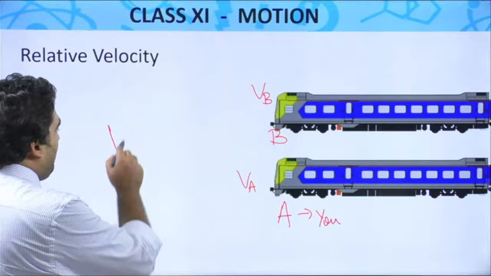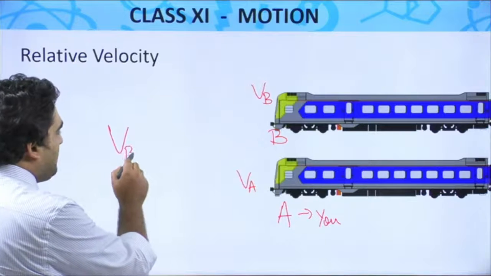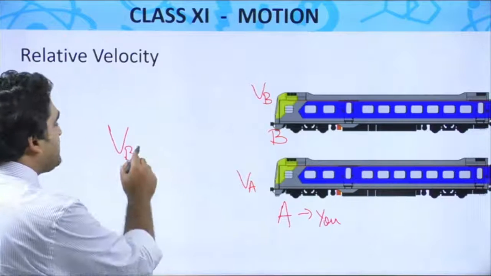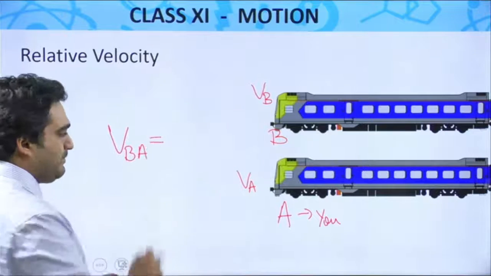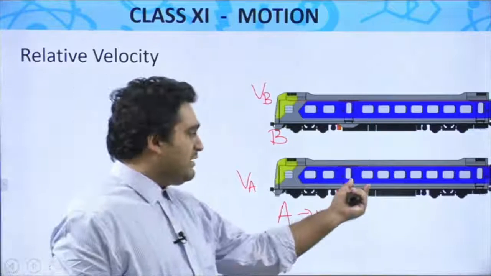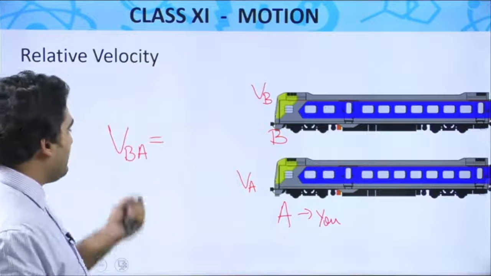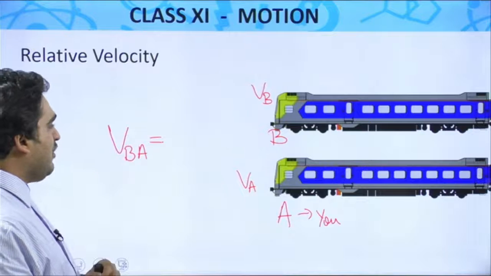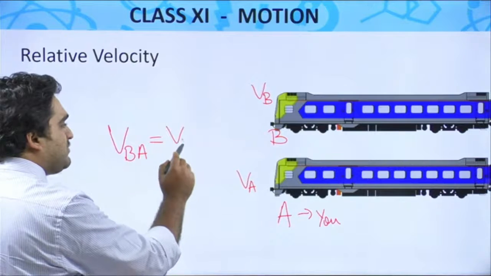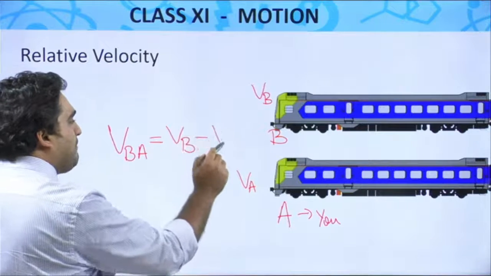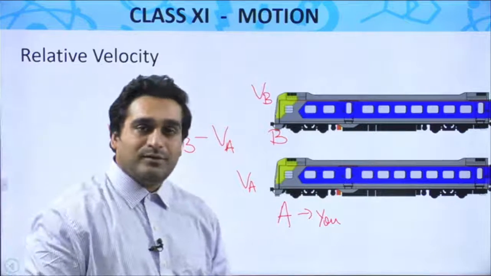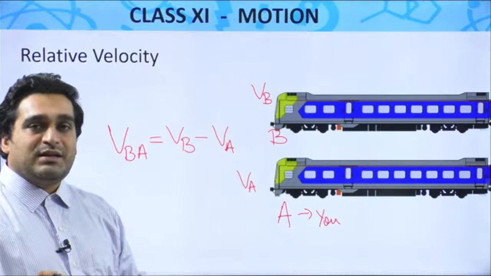Now, the velocity of object B with respect to object A, meaning you're trying to make an observation from object A, is equal to VB minus VA. Now what did we initially state?